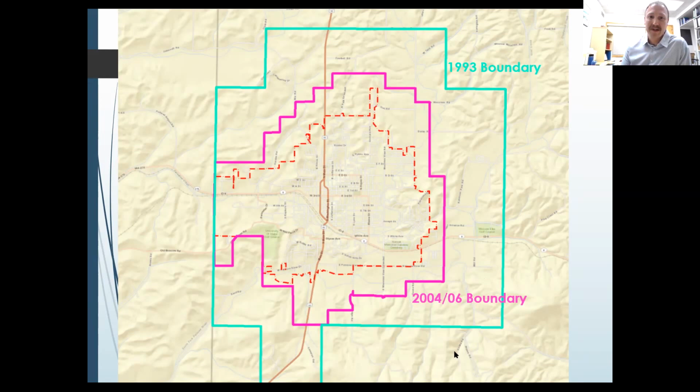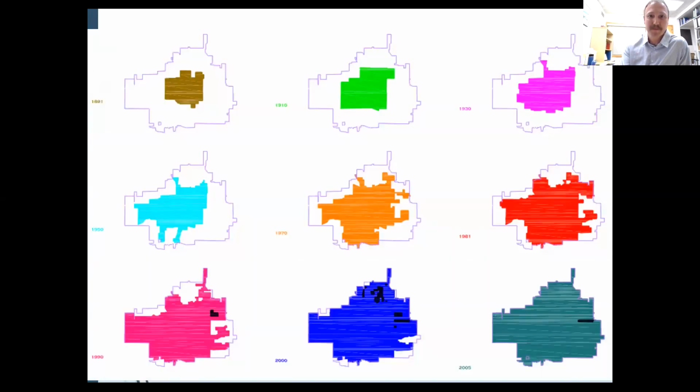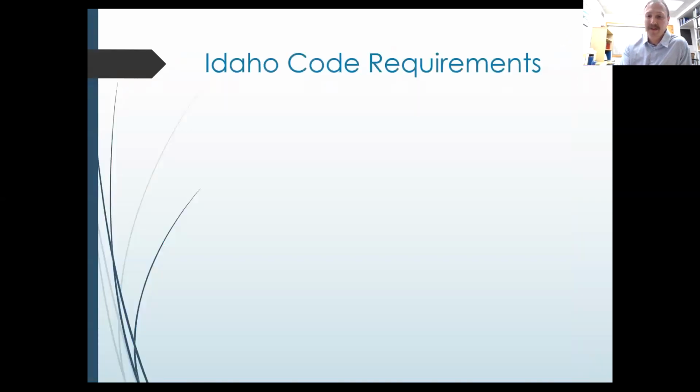I think that's a more accurate representation of the growth that's happening in Moscow and the likelihood that we're going to annex all the properties within the area city impact. So it points back to one of those aspects of determining the boundary. And getting back to this image, over the last 100 years, expecting that we're going to double within 10, 20 years is probably not likely.